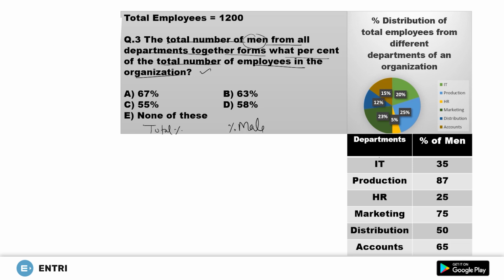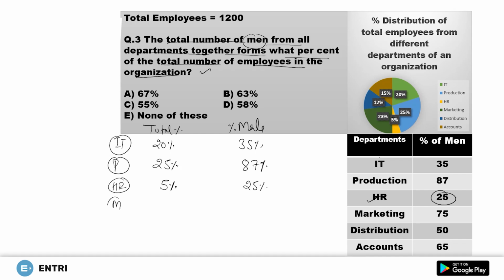So in IT, 20%, and males are 35%. Now in the production department, you have 25% total, and males are 87% of this 25. Now in the next, HR department, you have total 5%, and of those 5%, 25% are male.